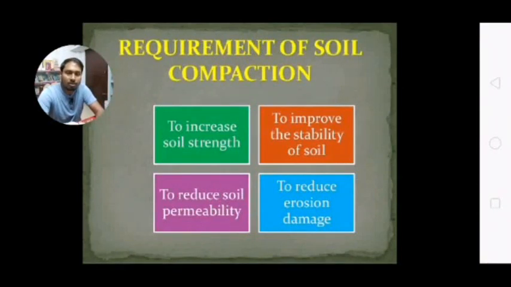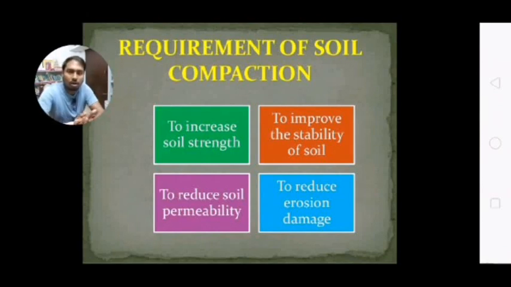Now coming to the requirements of compaction, we have several. Here are four requirements: to increase soil strength, to improve the stability of soil, to reduce soil permeability, and finally to reduce erosion damage.